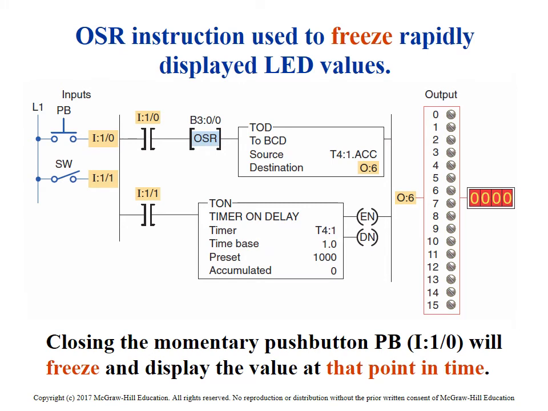So here we're looking at the instruction used to freeze rapidly displayed LED values. One of the things you're going to run into is applications where they're displaying values. Most of the time in today's environment, everything's done with Ethernet, so that value is going to change as fast as it needs to.